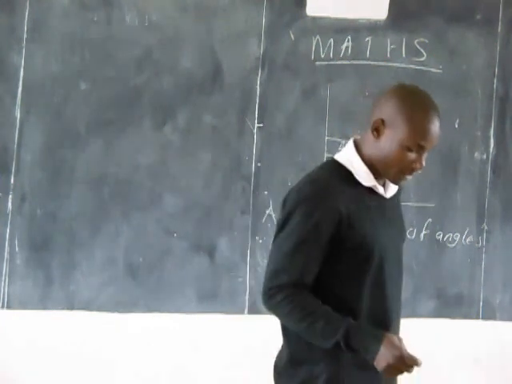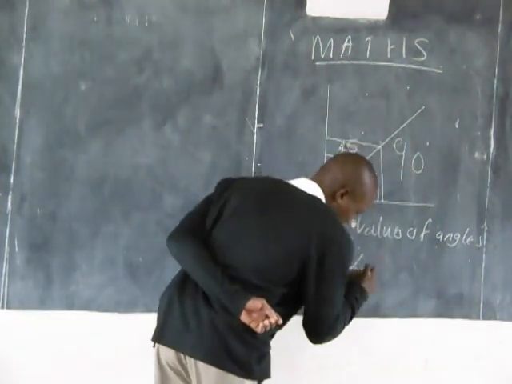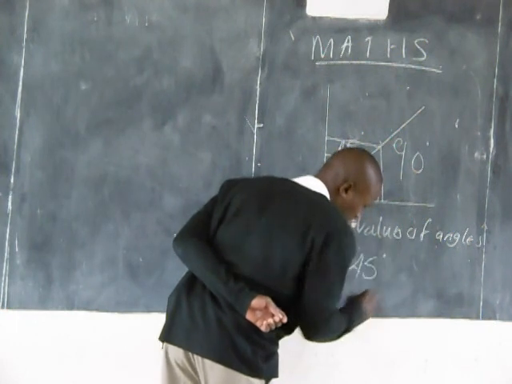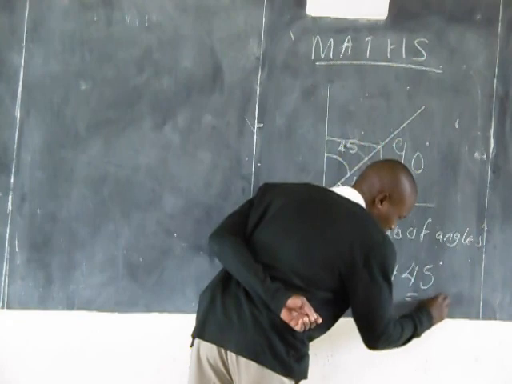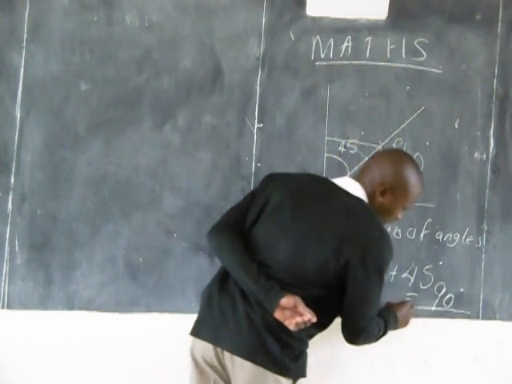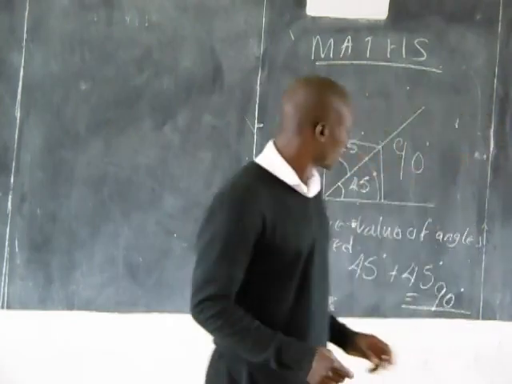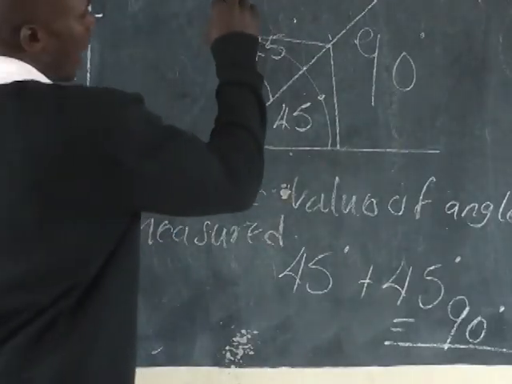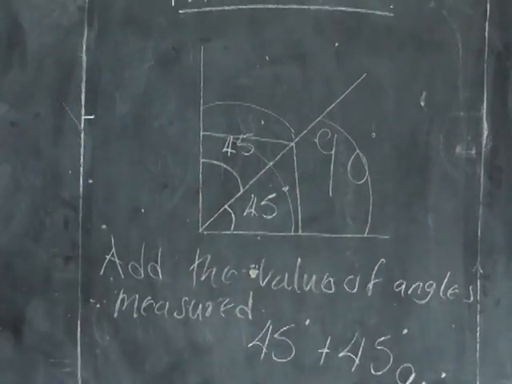If you add, what do you get? Therefore, I'll take 45 degrees plus 45 degrees to get what? 90 degrees. Very good. So, this angle here, it is related to this another angle here.